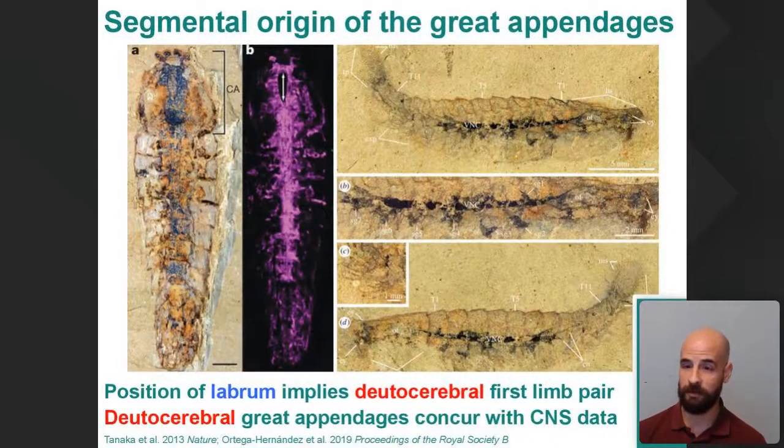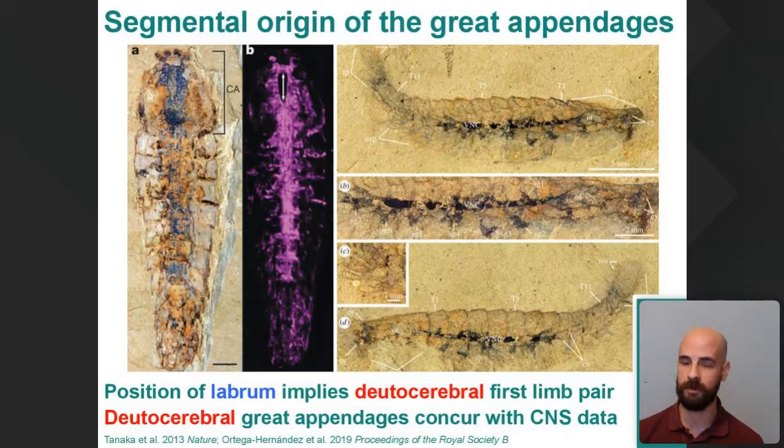Now, this carries the implication that the great appendages of megachirons are deuterocerebral. And this, of course, collapses the possible hypotheses, because others have been suggested. So this is pointing towards a deuterocerebral affinity.